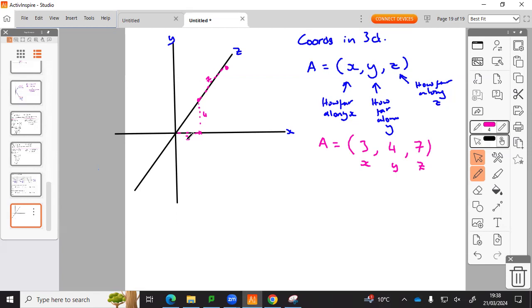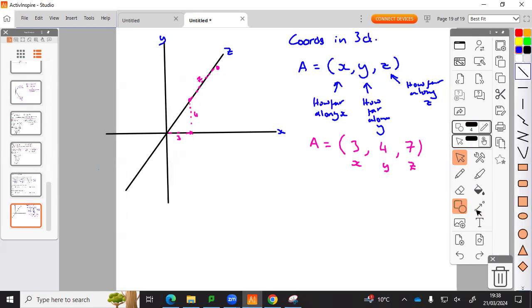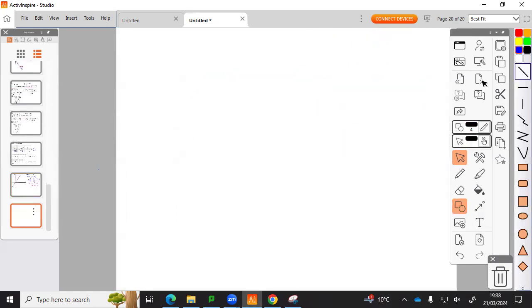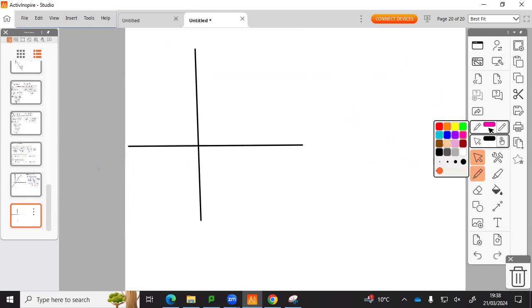Frustratingly, we sometimes swap the Z and Y, not in the coordinate, but just in the way they draw it. So just be aware, the coordinates we've been saying are X and Y the whole time.